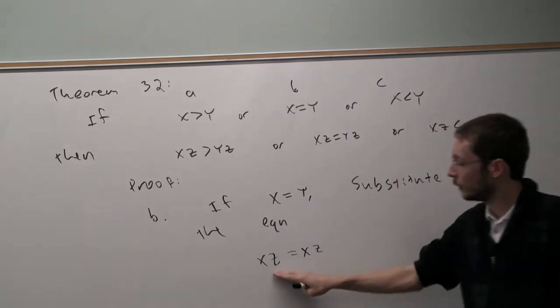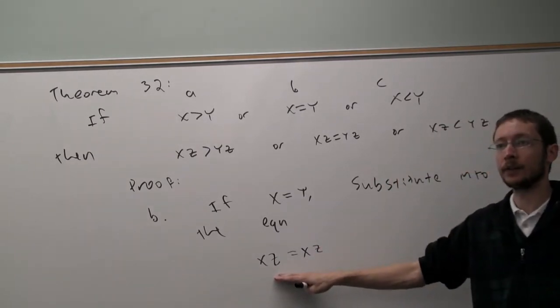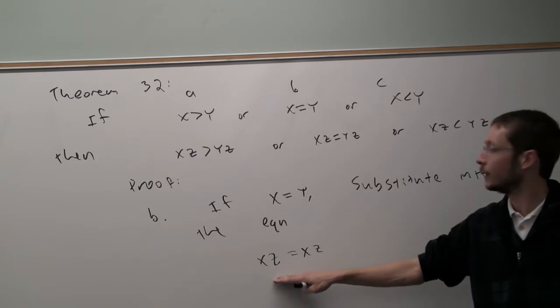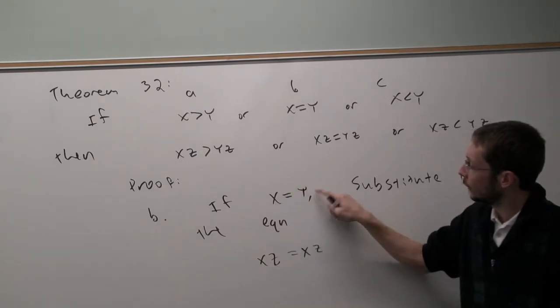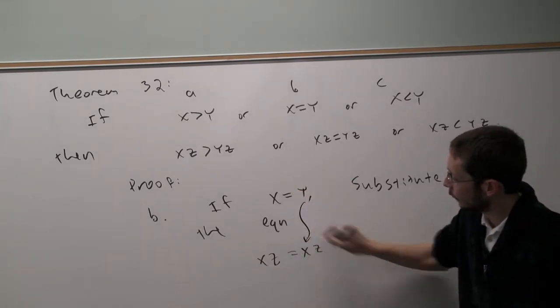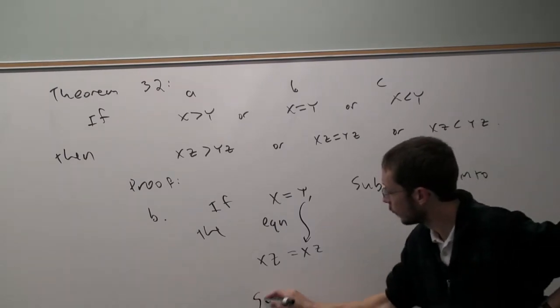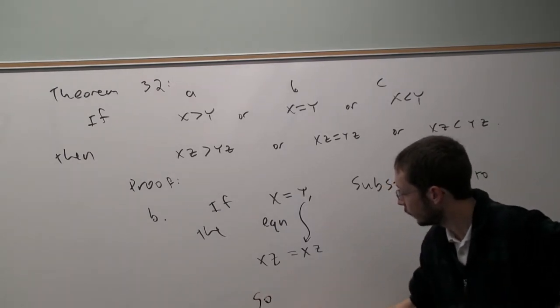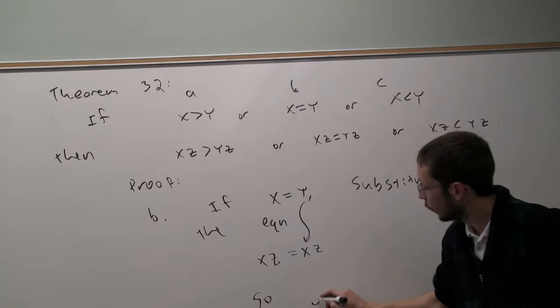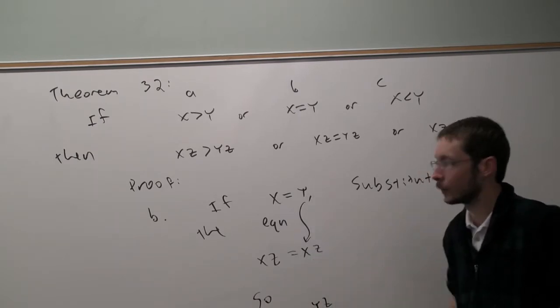We start with something that we know is absolutely certain. xz is certainly the same as xz. And if x is also the same as y, then we can substitute y wherever we see an x. So we get xz is equal to yz, because we replaced x with a y.